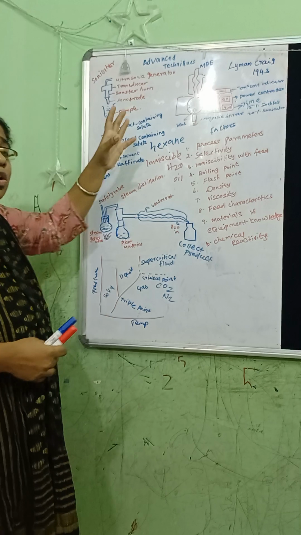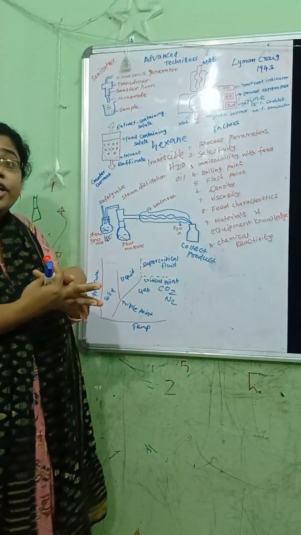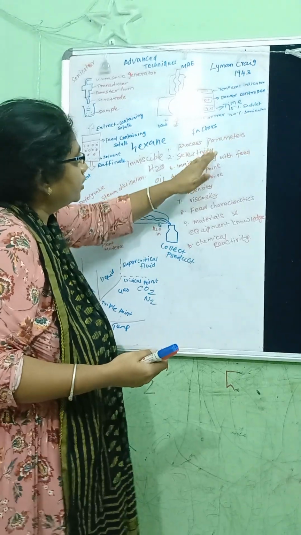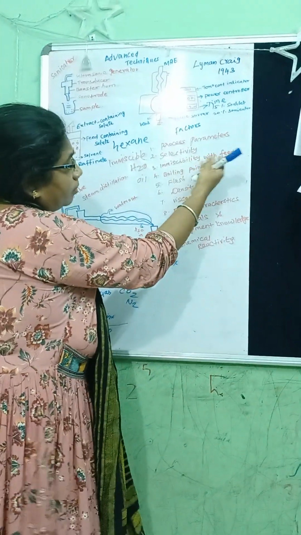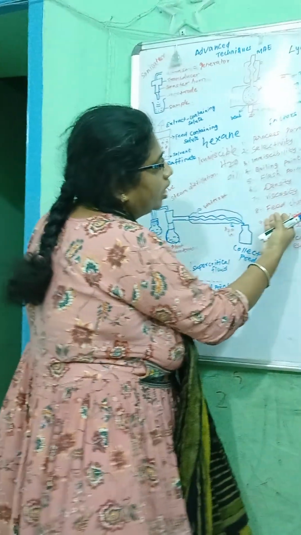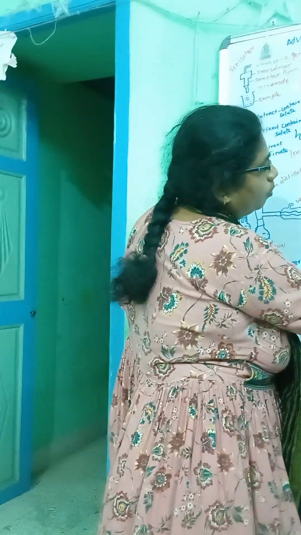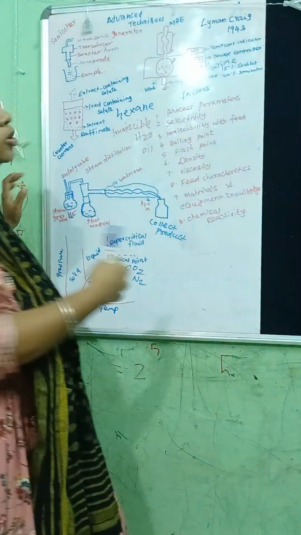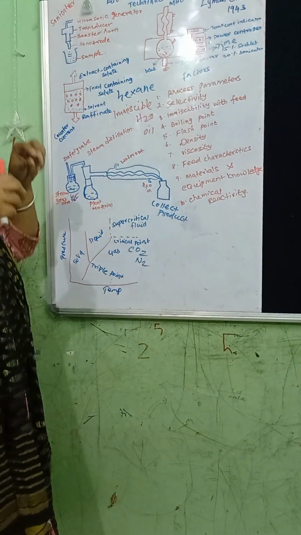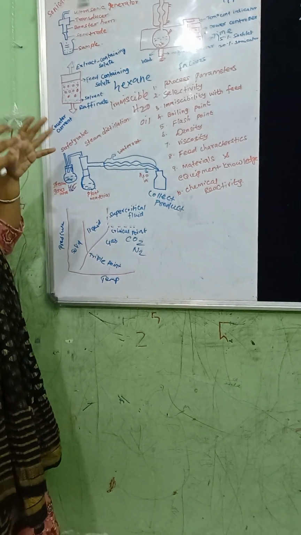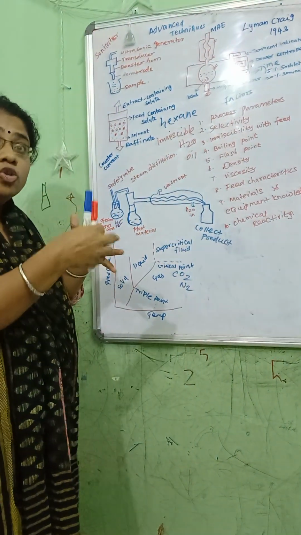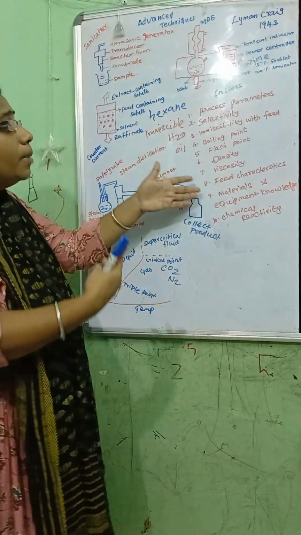Next, what are all the factors that affect the extraction process? These are all the factors: process parameters, selectivity, immiscibility with the feed, boiling point, flash point, density, viscosity, feed characteristics, materials, equipment and the knowledge, chemical reactivity. Each and every factor affects the advanced technique, because the person has to know about the materials, how they work, and the equipment, how it works, or else we have to give the knowledge and awareness about the materials and equipment.